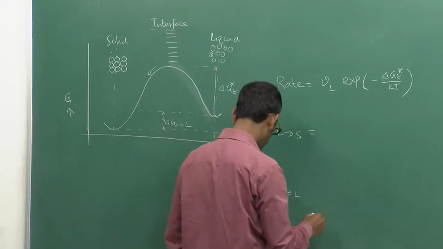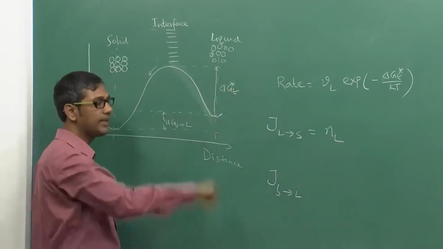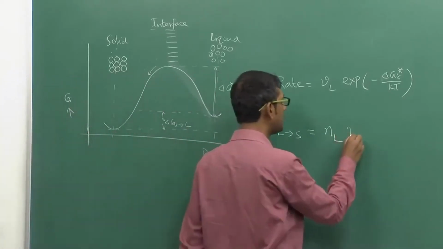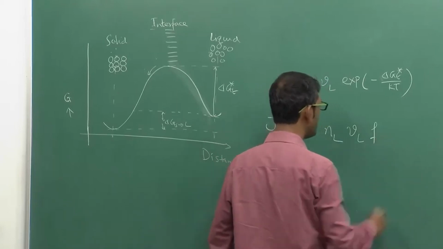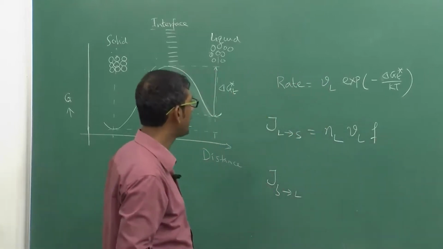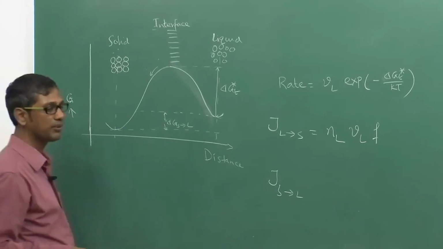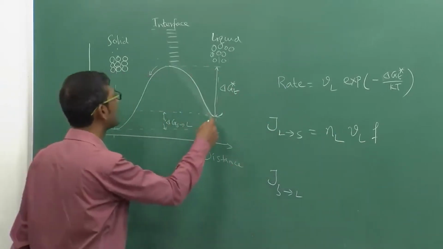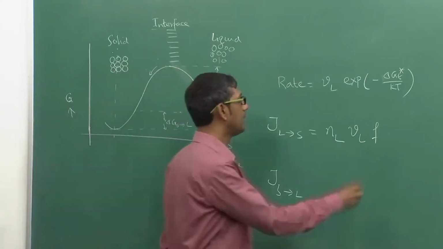Obviously, flux will depend on the total number of atoms. If the liquid has NL number of atoms, they all can jump, multiplied by the frequency. And then obviously the factor which comes in is that not all the jumps will be successful. Some of the atoms may not be able to cross even this barrier, and they will go back to the liquid. That's possible.